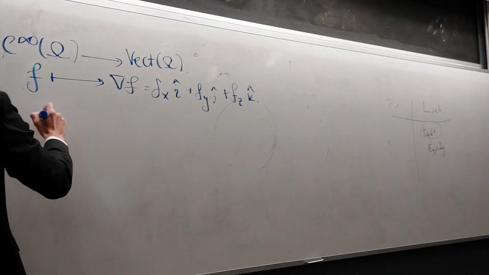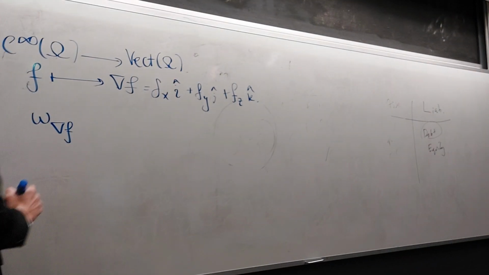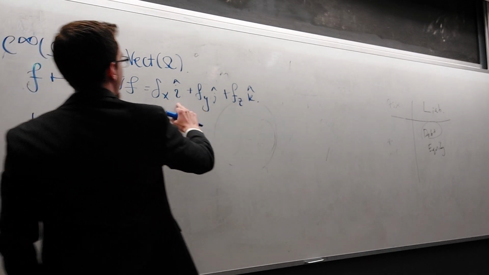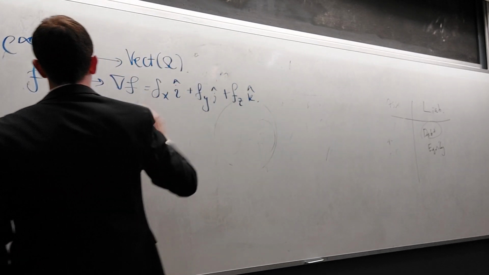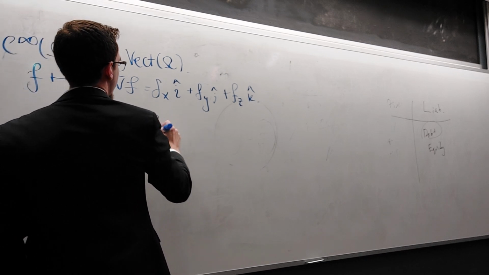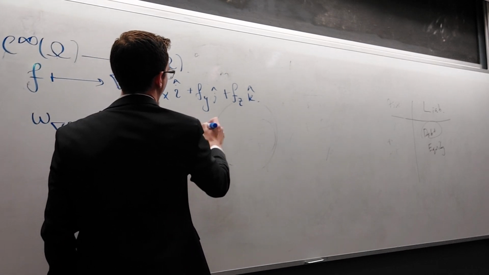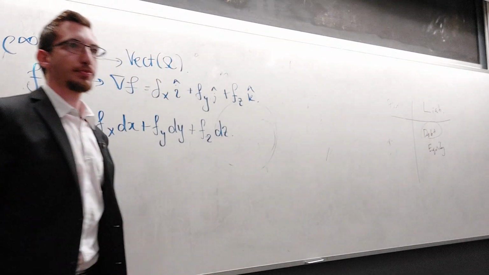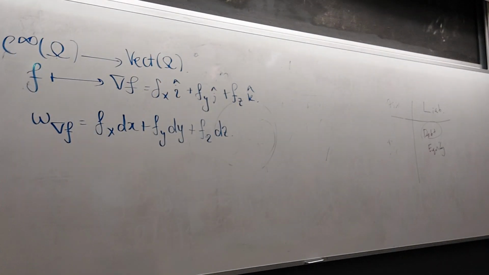The one form associated to it, remember I always write omega subscript the vector field, is given by replacing i with dx, j with dy, k with dz. So I get f_x dx, f_y dy, and f_z dz. This is easy. Everyone agrees that this is rather straightforward.